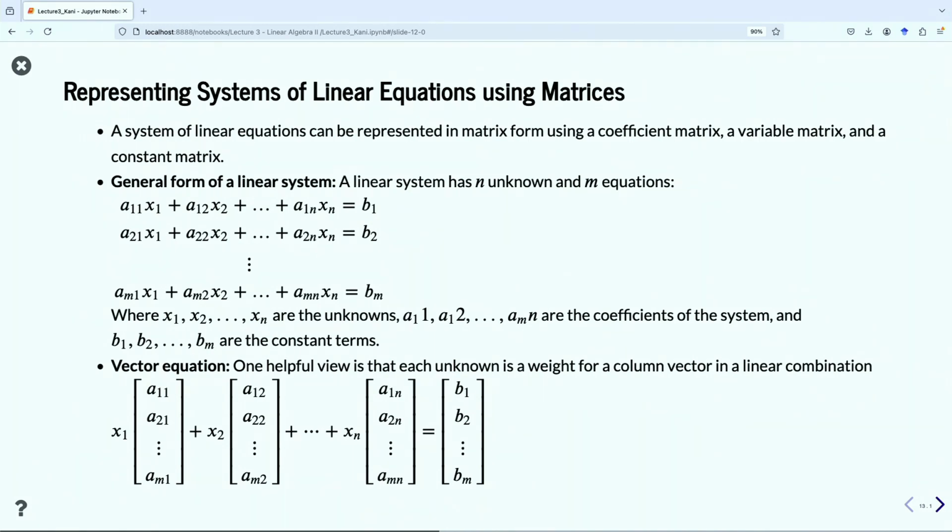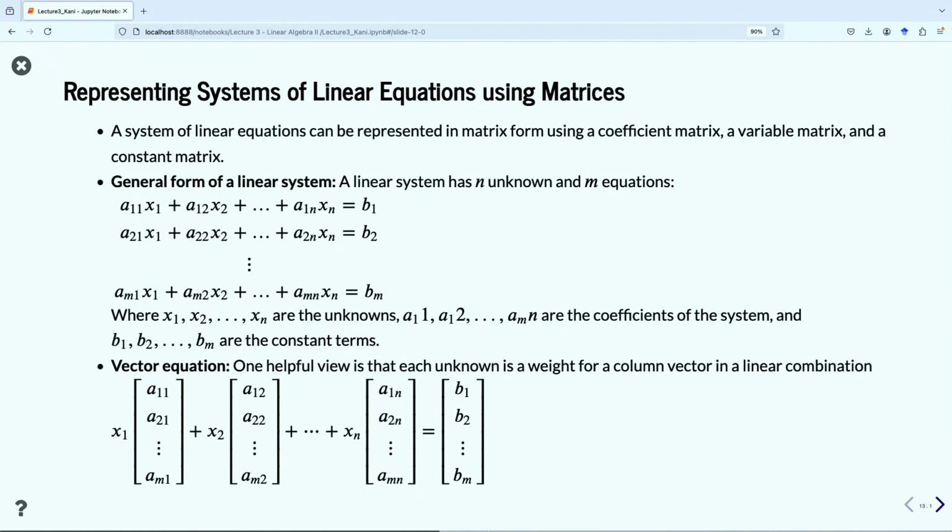So what do we do in this case? Well, we have to find some alternate notation. One way to simplify the notation is simply to combine all of these coefficients and say this vector times x1, plus this vector times x2, and so on, is equal to this possible vector, right?